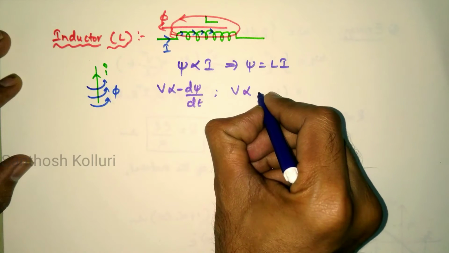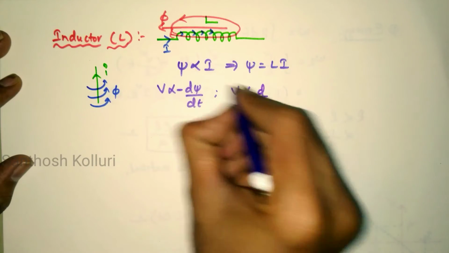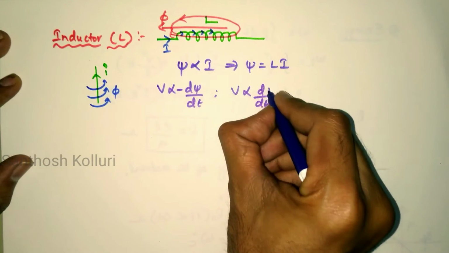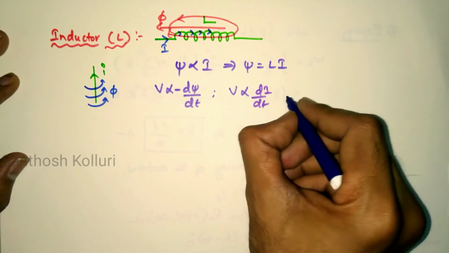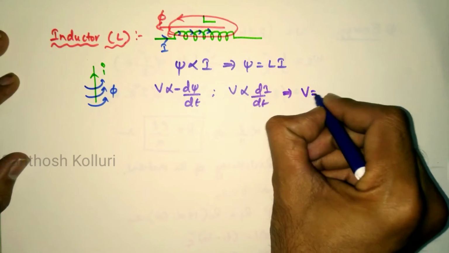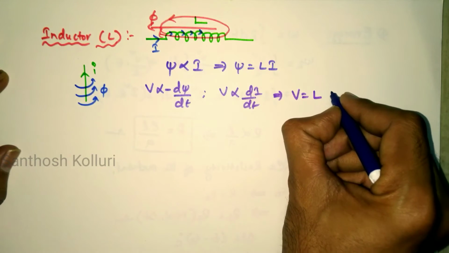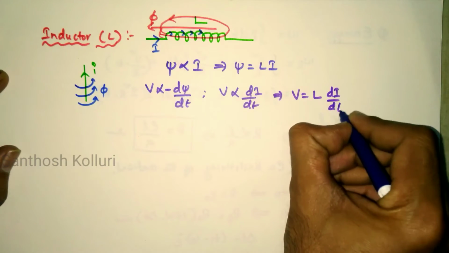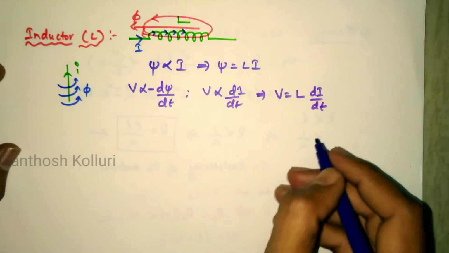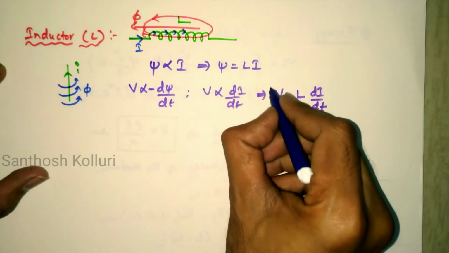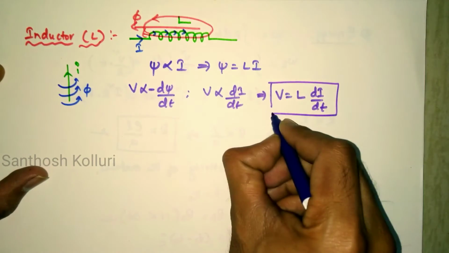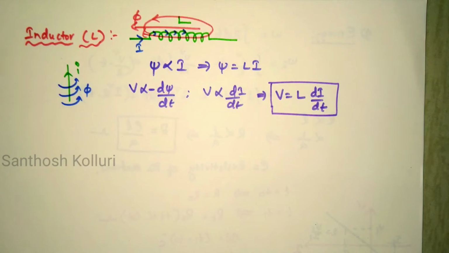So here psi is directly proportional to I, so I can write di by dt. To avoid this proportionality constant, I am putting a constant: V is equal to L into di by dt. This is the formula for voltage across an inductor.